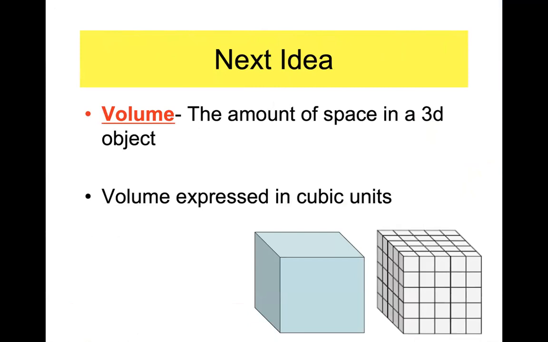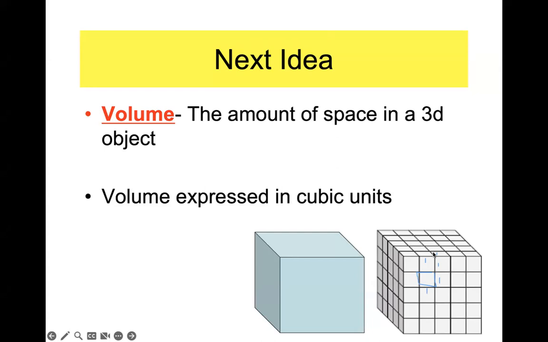Let's calculate the volume of a prism. Volume, remember, is the amount of stuff inside a three-dimensional object. It's expressed in cubic units. I made this point when we did area. Each one of these tiny cubes right here is 1 by 1 by 1.